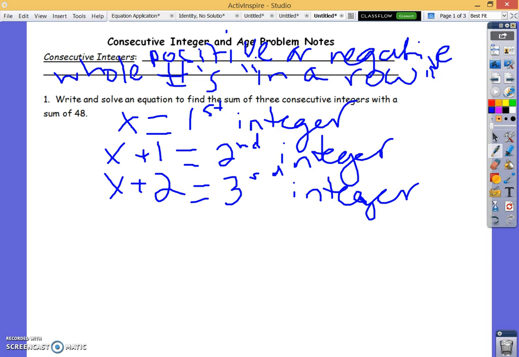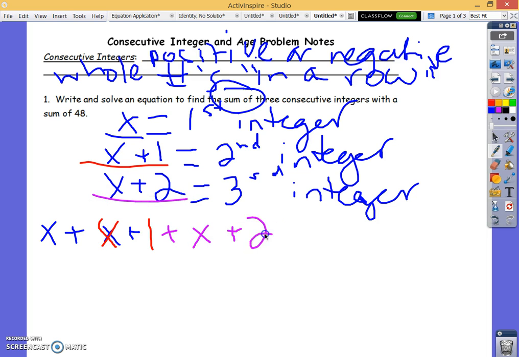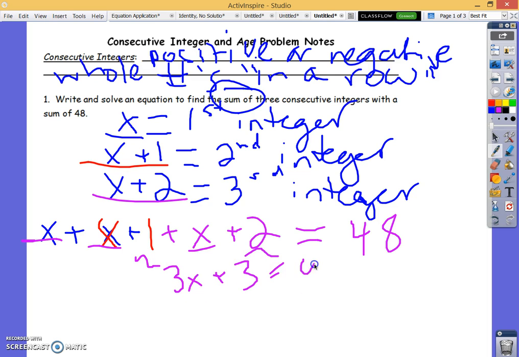Now, I want to put them as a sum. So x plus x plus 1, plus x plus 2, is going to equal my total, which is 48. When I combine my like terms, the x's, and then the numbers, I get 3x plus 3 equals 48.